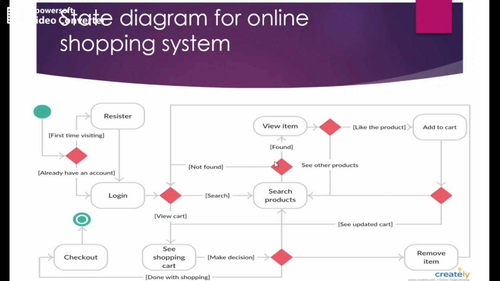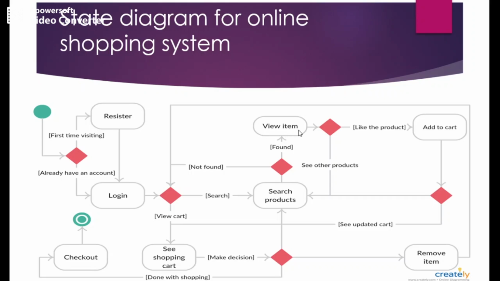So then again you have a decision maker here. If the product you are searching for, you have got it, then you will move to which state? View item. So you will click on that product and you will see the product details, or what you can say, the product specifications. So that is important. Once you get that item which you want to shop for, then you have to view that item first.